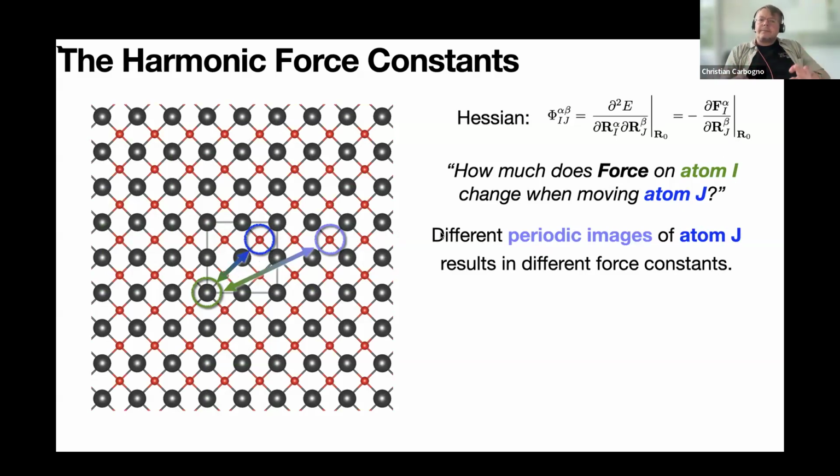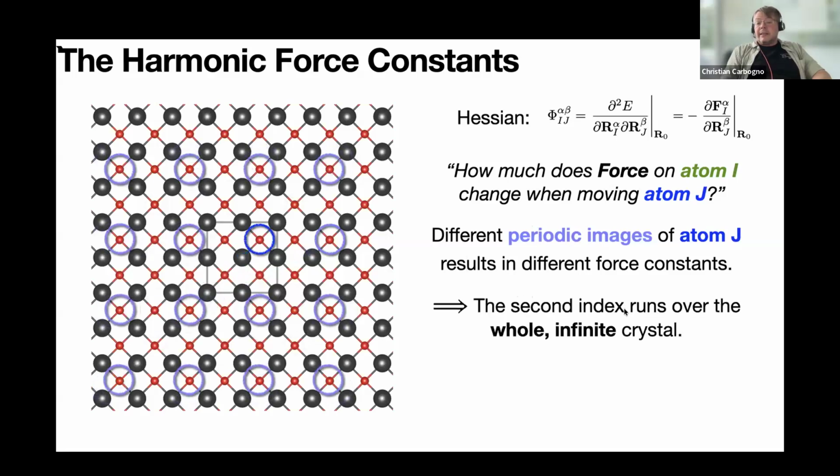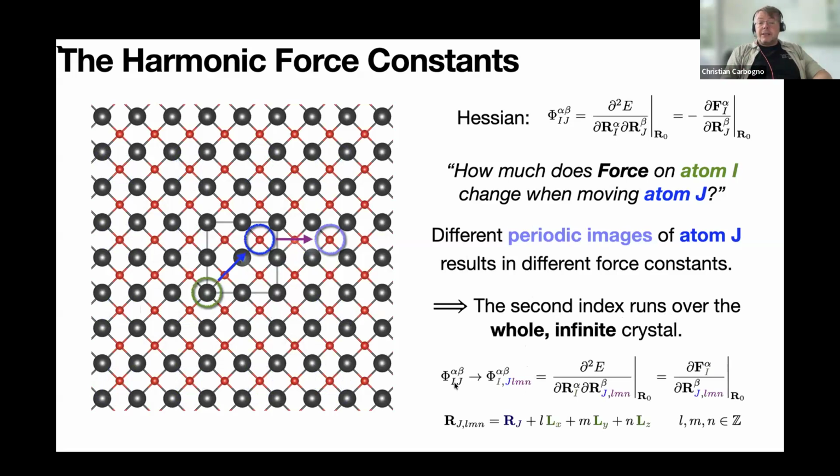So we have to really look at all the blue atoms to construct these Hessians. So the second index really runs over the whole infinite crystal. In other words, we now have an expression where this Hessian has one index I that runs over the unit cell, and then this index J that runs over the whole system.